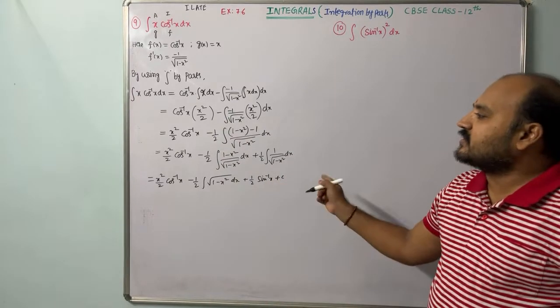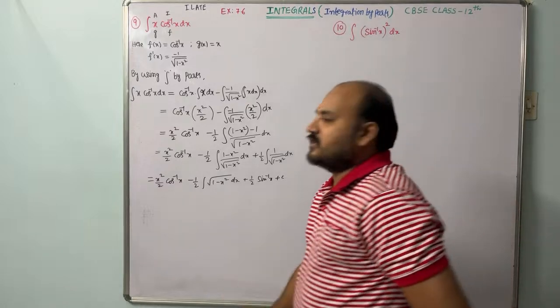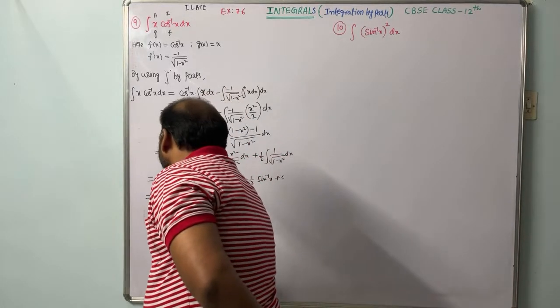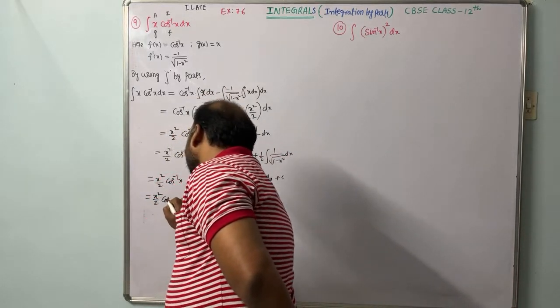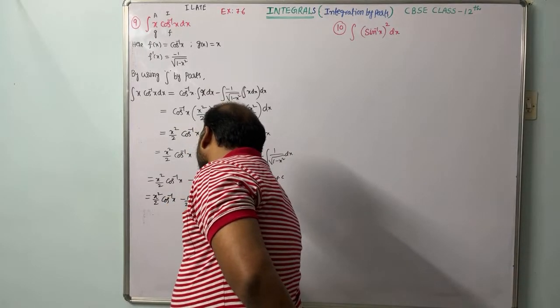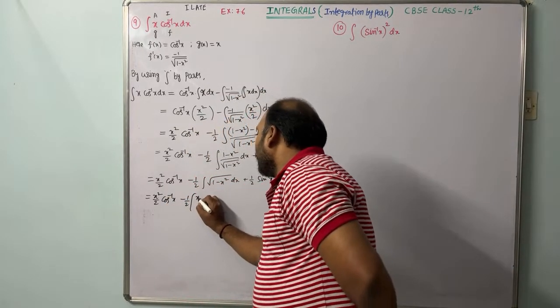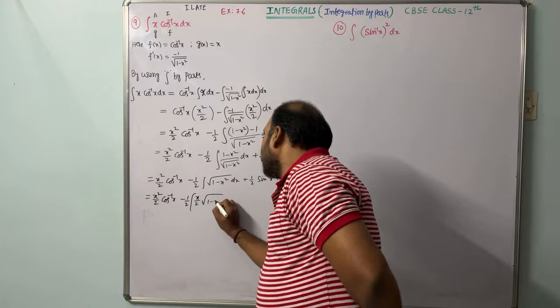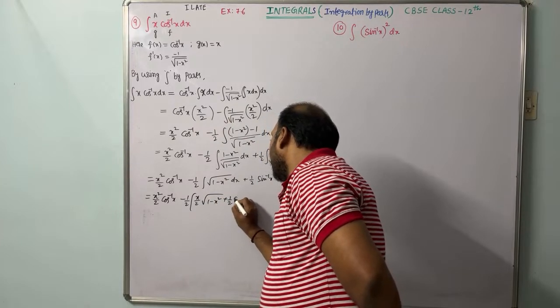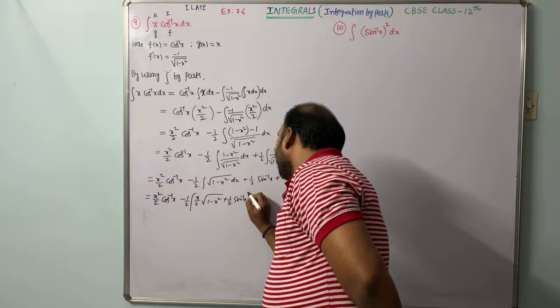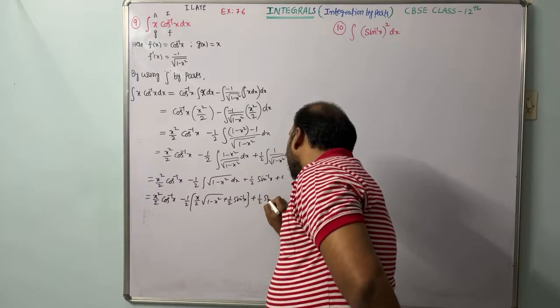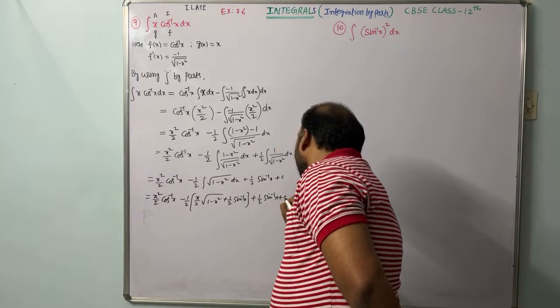After that, we will also convert sin inverse x in terms of cos inverse x by using the properties of inverse trigonometry. x square by 2 into cos inverse x minus 1 by 2 into (x by 2 root over 1 minus x square plus 1 by 2 into sin inverse x) plus 1 by 2 into sin inverse x plus c.